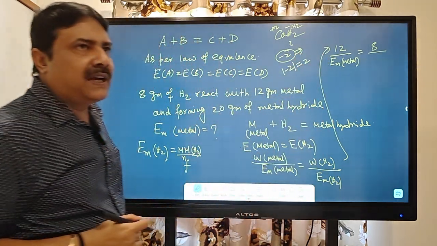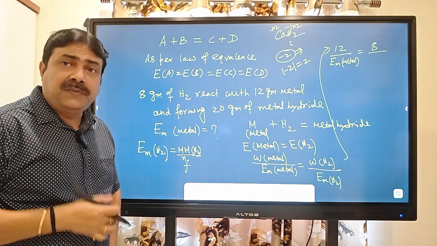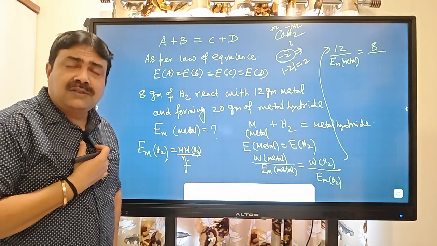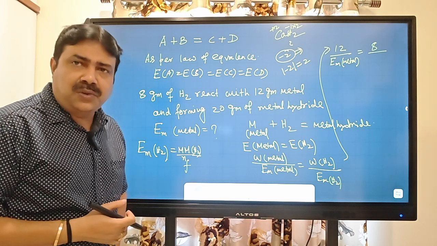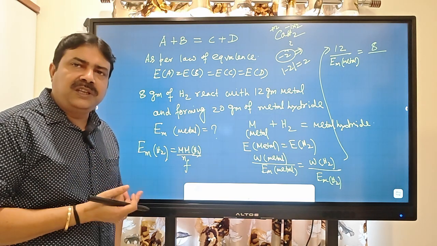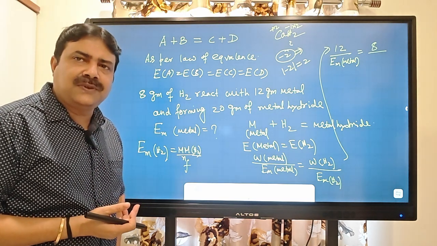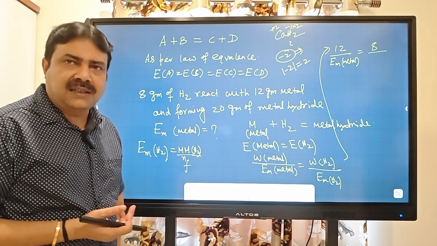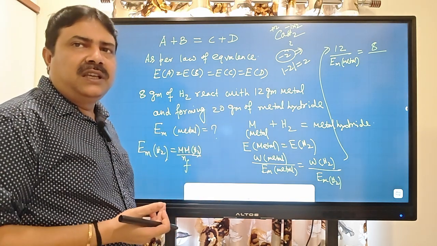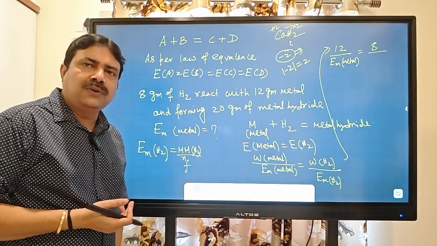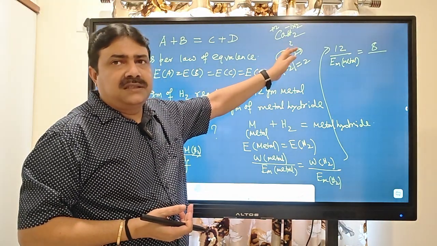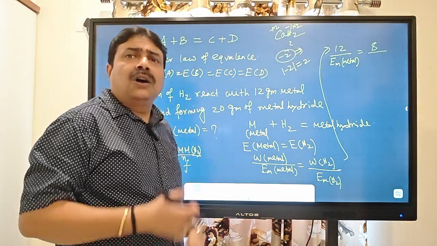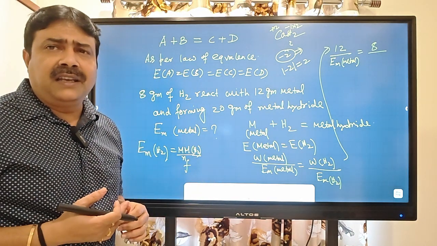That's why the n factor of hydrogen is 2. If I say oxygen, O2, each oxygen atom in its oxide form carries minus 2 unit charge, so 2 oxygen atoms means 2 into minus 2, minus 4. Without sign, the n factor for oxygen should be 4. But the n factor for hydrogen is 2.